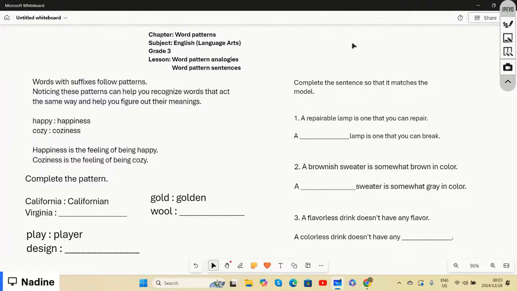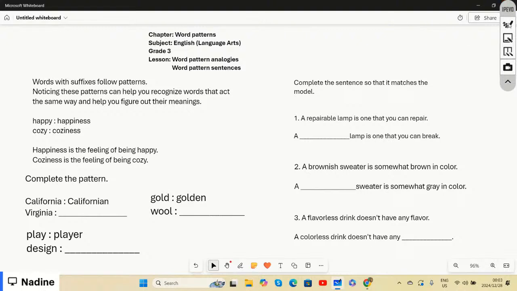The lessons we are going to focus on under the chapter of word patterns are word pattern analogies and word pattern sentences. So those are our lessons for today.